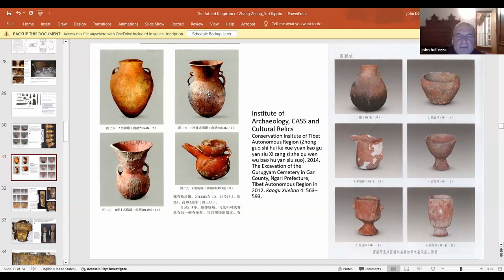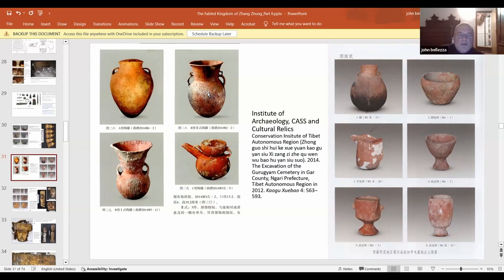And if you see the variety here of jars, goblets, amphorae-like vessels, etc., there are more types that were found in Western Tibet, but this is a sample of what was found.